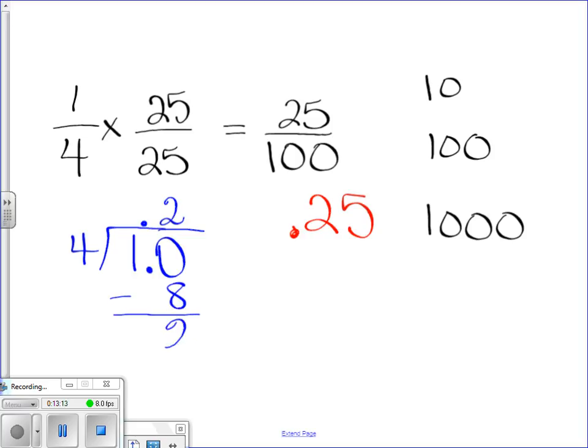Oh, look at that. This way is not bad. Since I can't have a remainder, add another 0. 4 goes into 20 five times.